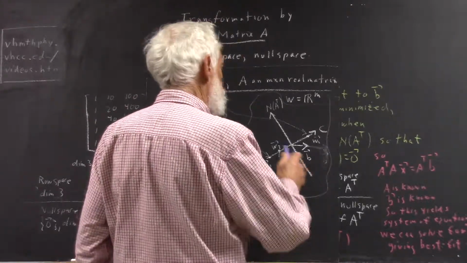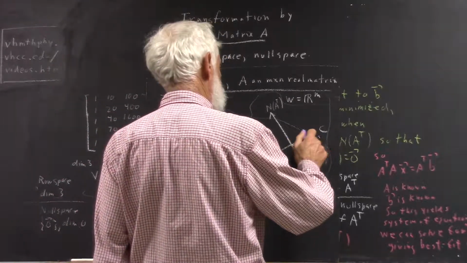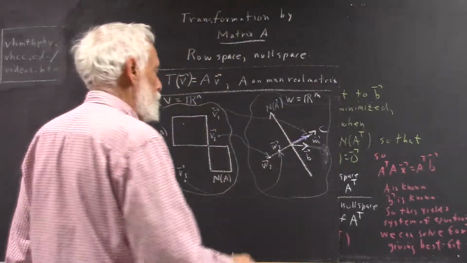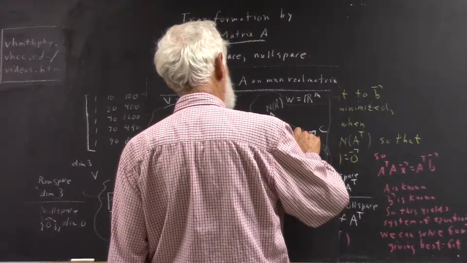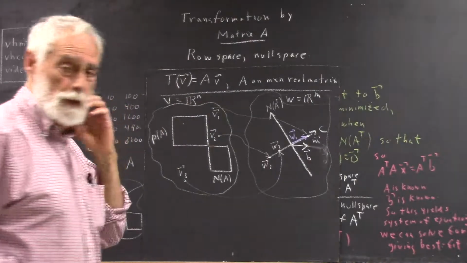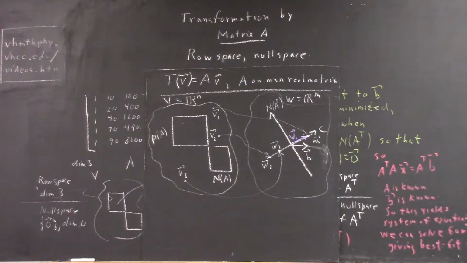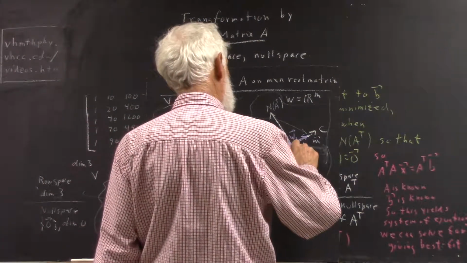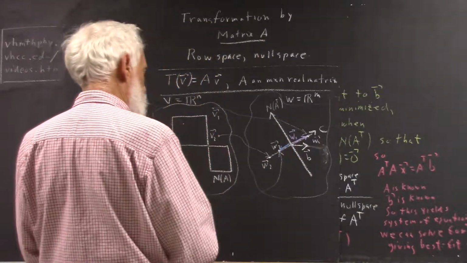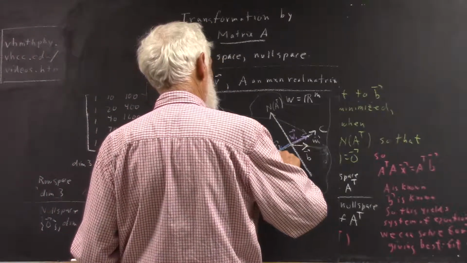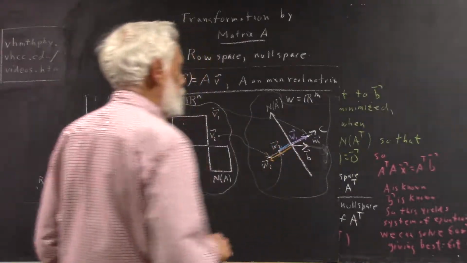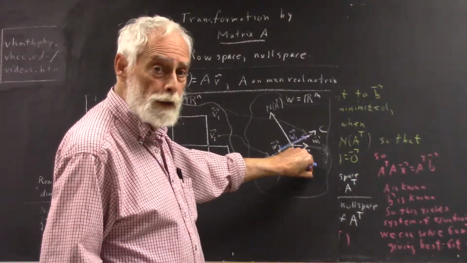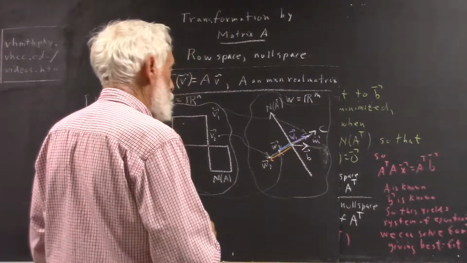Well, okay, what is W1? W1 could be depicted by this. So here's my W1, and my W2 and W3, using different colors. W3 might be this vector, and W2 might be represented by this vector. Now, which one of these three vectors is closest to the vector B?